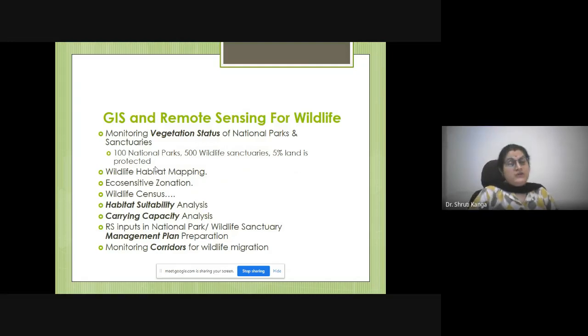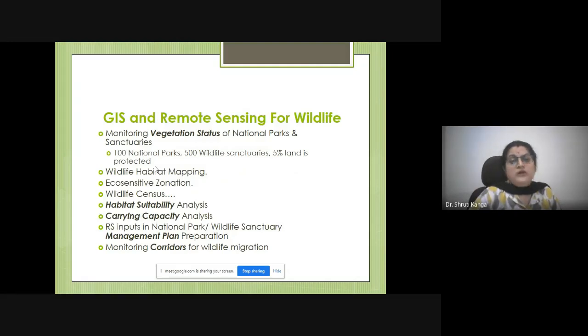So the first thing which we can plan with the help of GIS and remote sensing is wildlife vegetation status, which is again required for the other forest activities also.